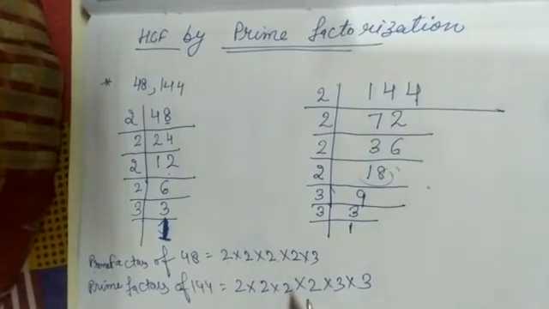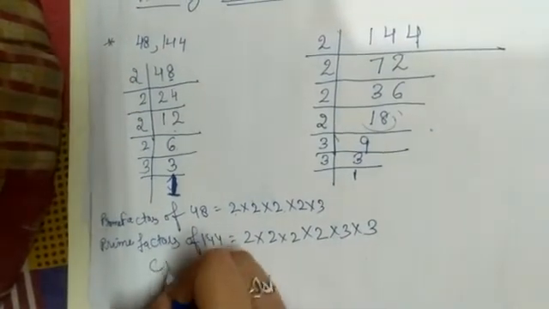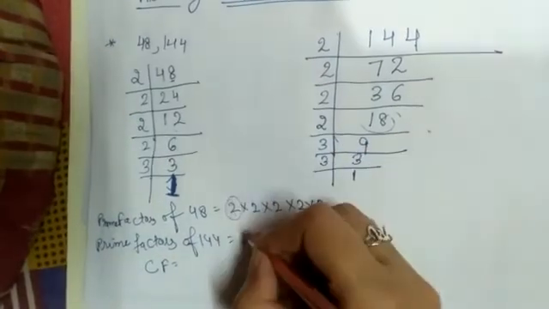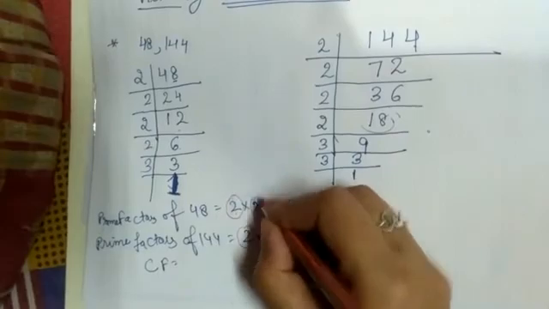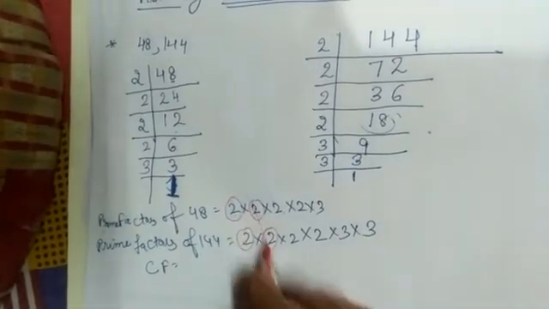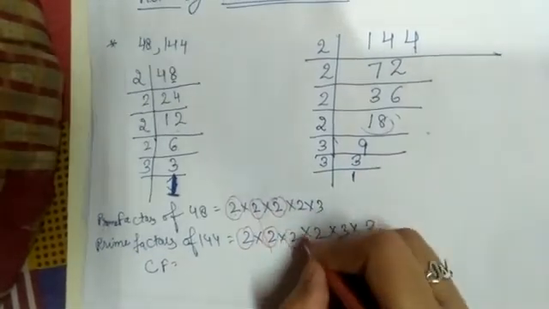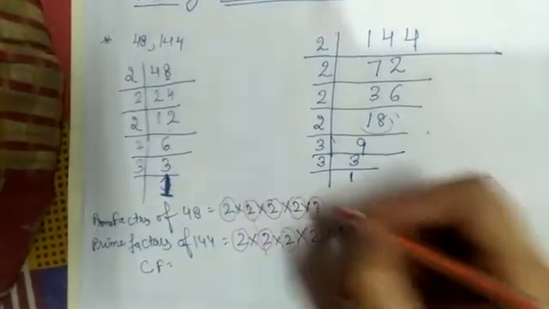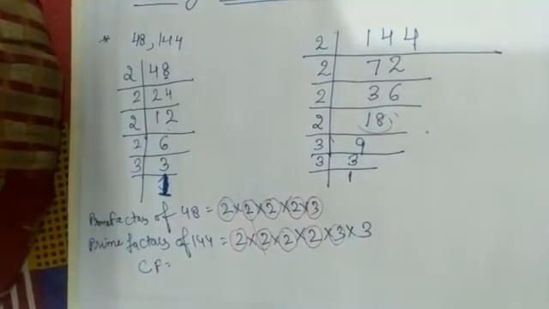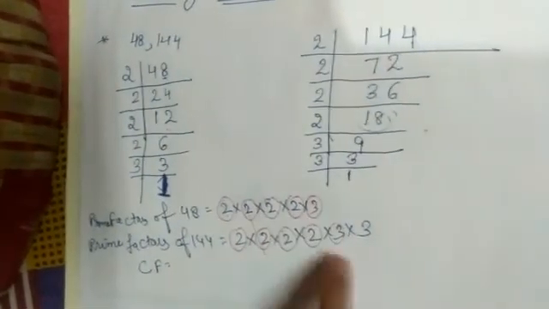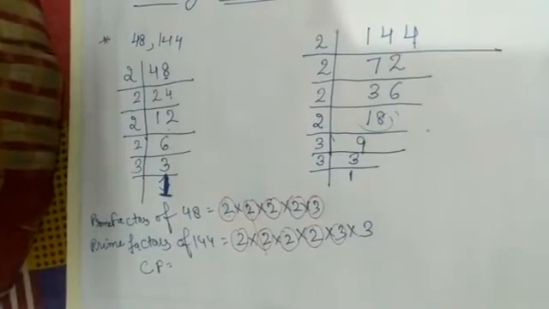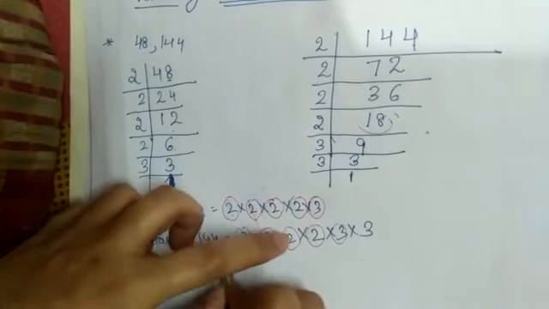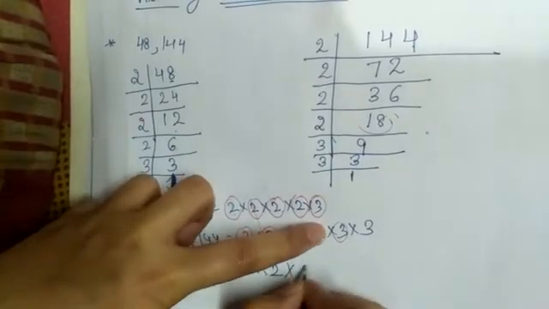Now go for the common factors. You have to find the common factors. Okay, common factors: 2, again 2, again 2, again 2, and 3, right? So these all are common factors. Write the common factors here now: 2, 2, 2, 2, 3.